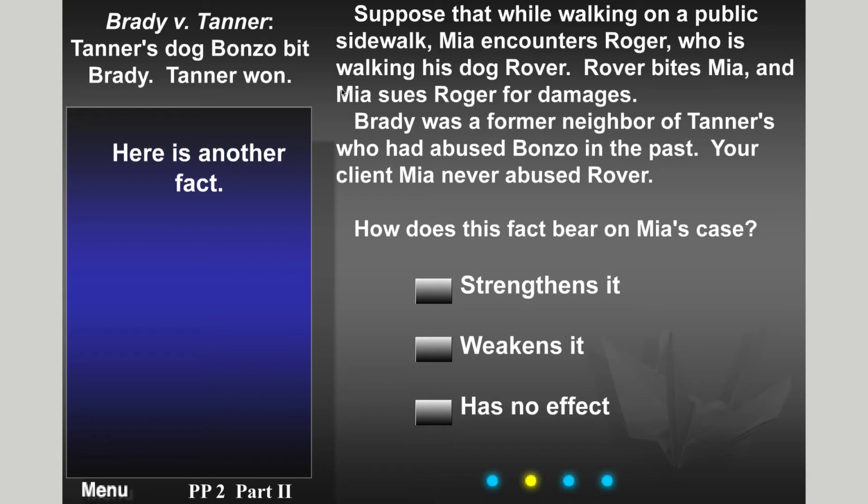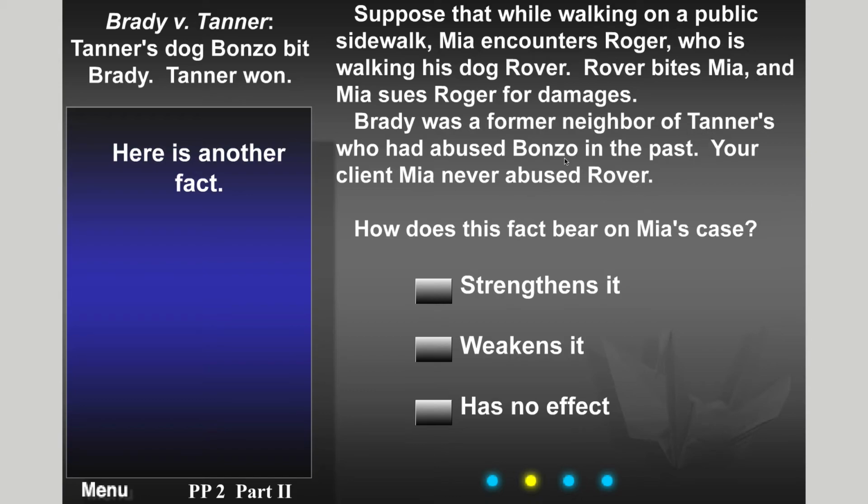Suppose that while walking on a public sidewalk, Mia encounters Roger, who is walking his dog Rover, etc. Brady, we find, remember, was a former neighbor of Tanner's who had abused Bonzo in the past. Okay? So I guess Brady had seen Tanner abuse Bonzo in the past. Your client, Mia, never abused Rover, right?